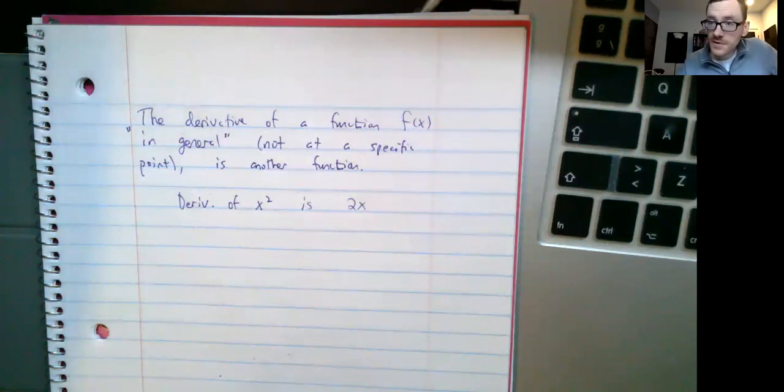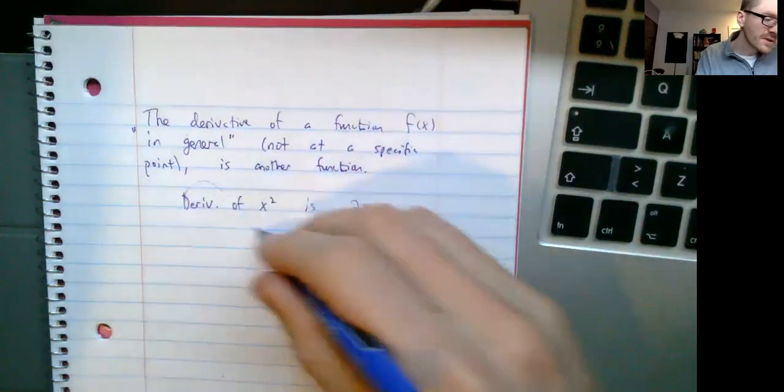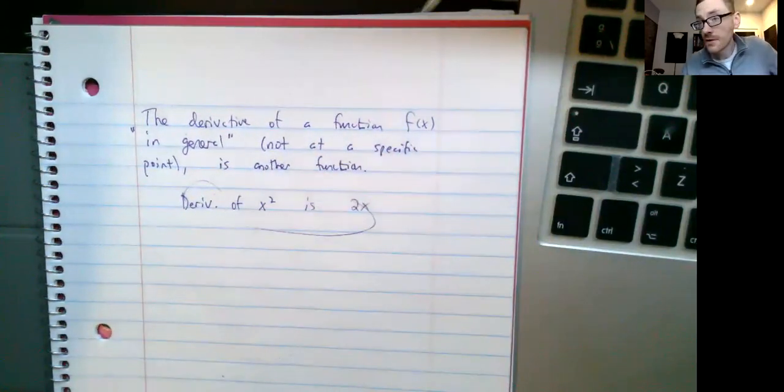And in practice, we distinguish between these two ideas in the following way. If we mean the derivative at a specific point, like the derivative at 5, we'll say the derivative at 5. But if we just mean the derivative of a function in general, not at a specific point, we'll just say the derivative. I hope that makes sense.